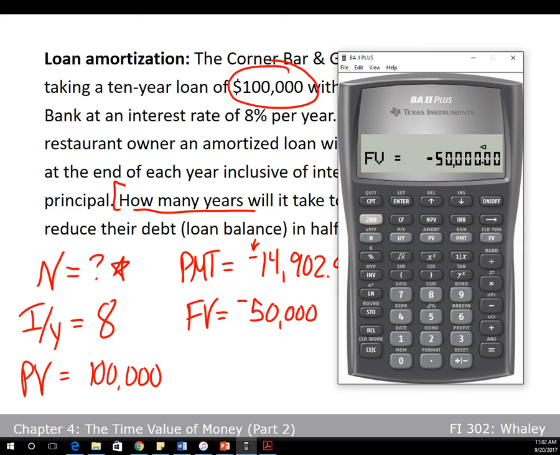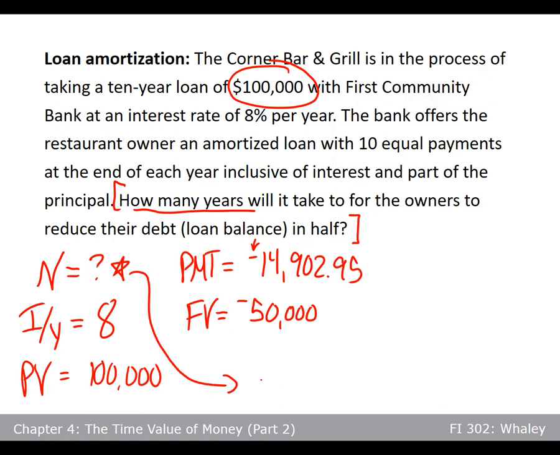Now I hit compute, N, and there you go. N is 5.94. It takes 5.94 years for Corner Bar and Grill to reduce their balance in half.